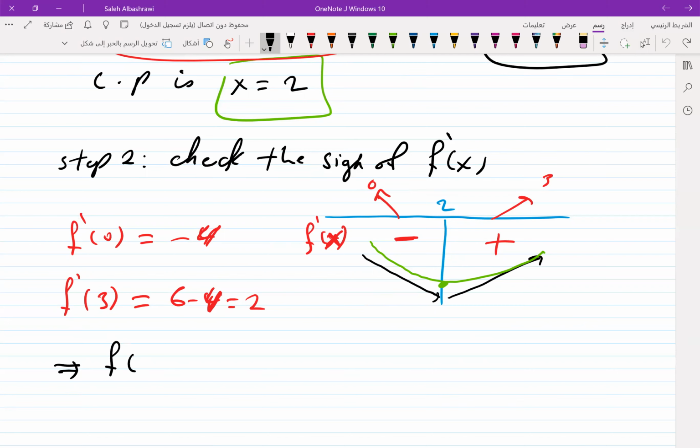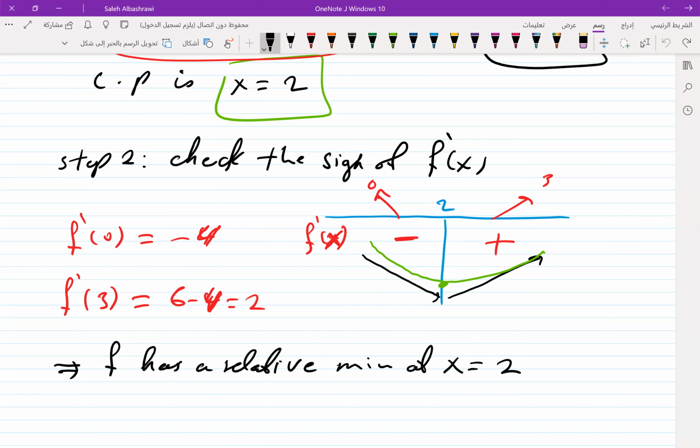The function f has a relative minimum at the given point, at x equal to 2.